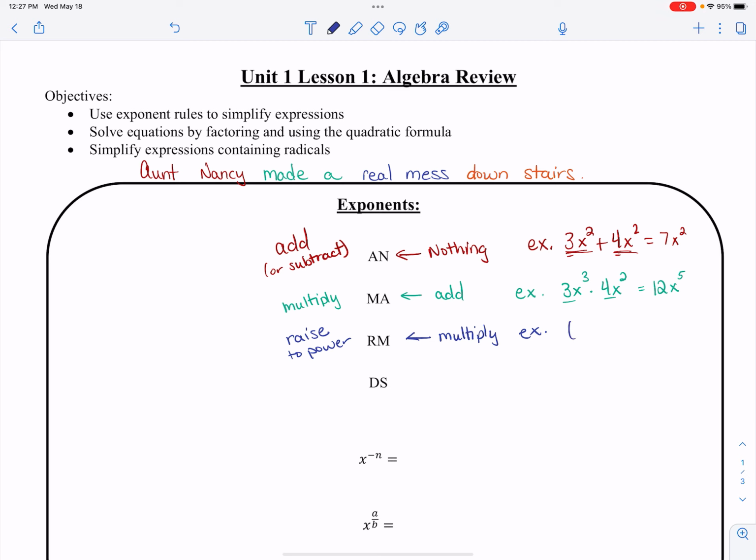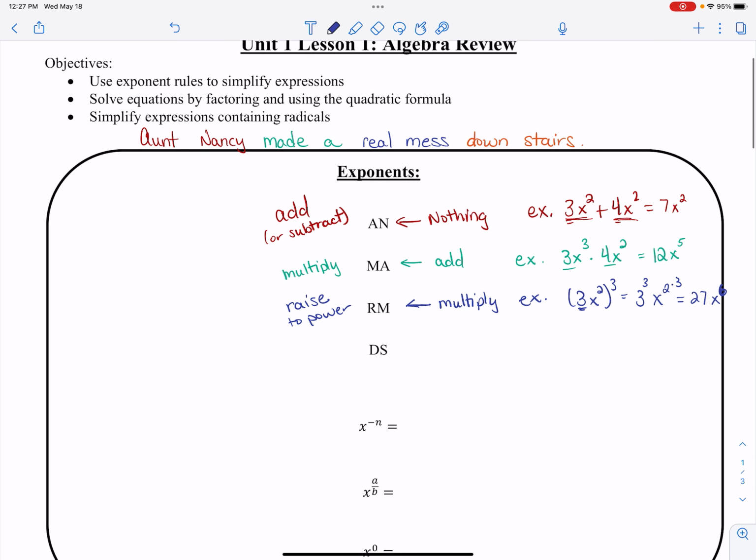So if I have something like 3x squared, cubed, I have bases, and then I have a variable with an exponent. The base just gets raised to the power. That is 3 cubed times x squared cubed. It's the exponents that I multiply. So 3 cubed would give me 27, x to the 6th. Sorry, I'm running a little bit out of space there.